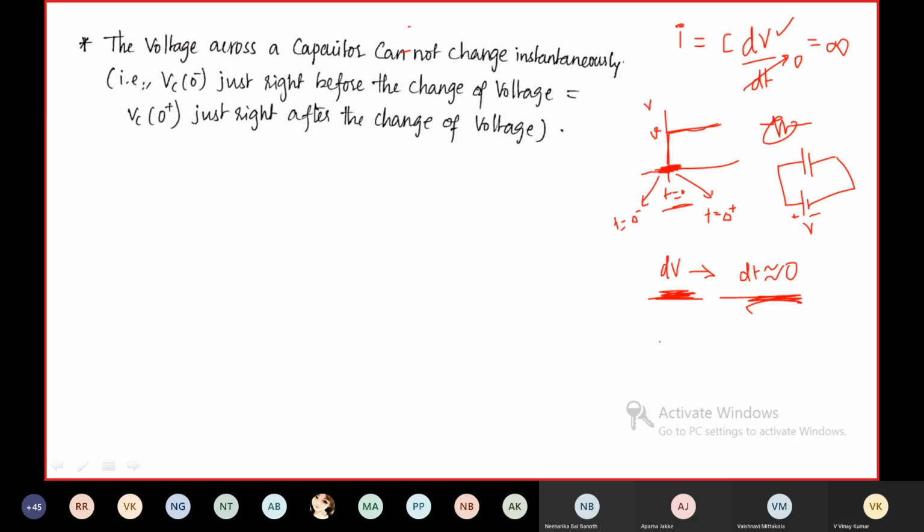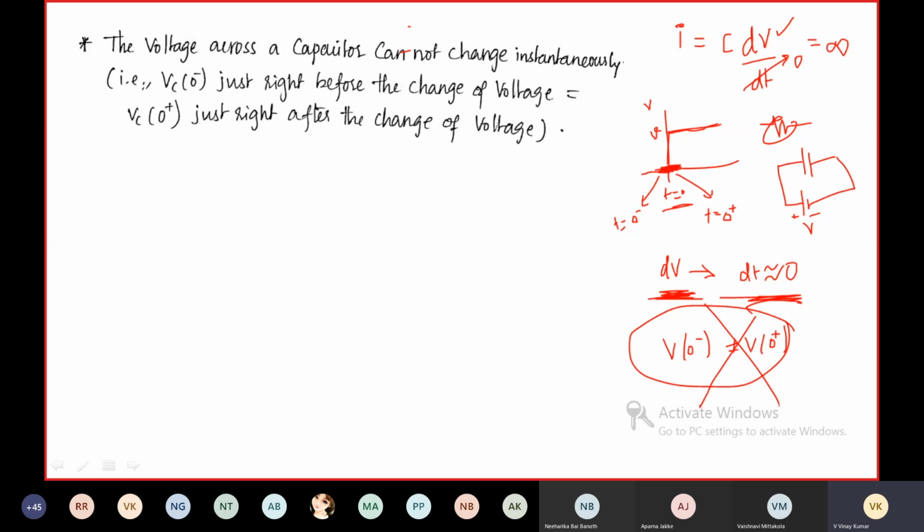Means V of 0 minus is not equal to V of 0 plus if we pass an infinite amount of current through the capacitor.